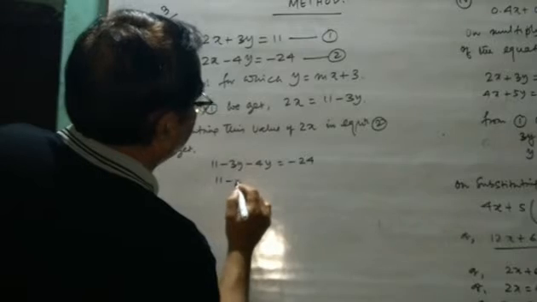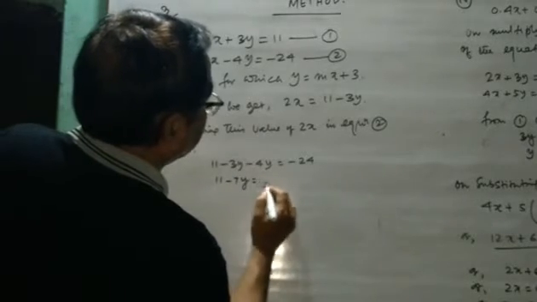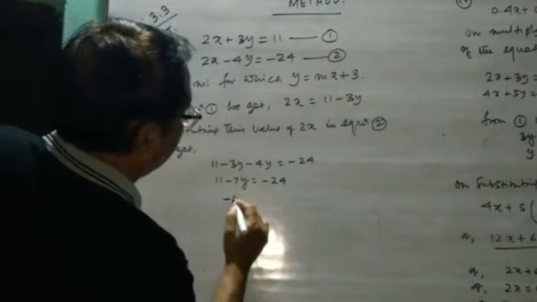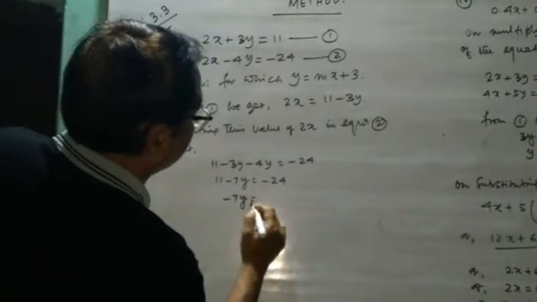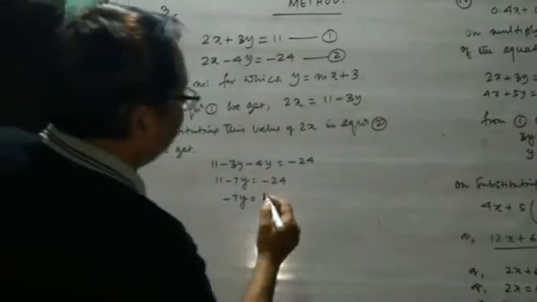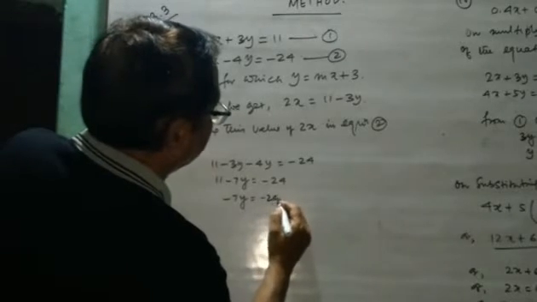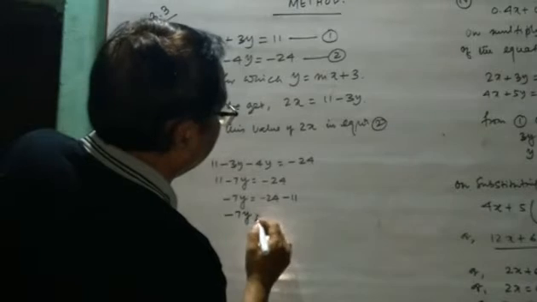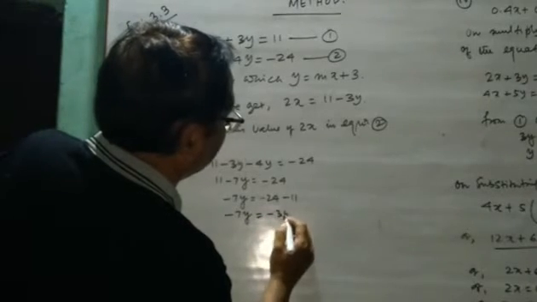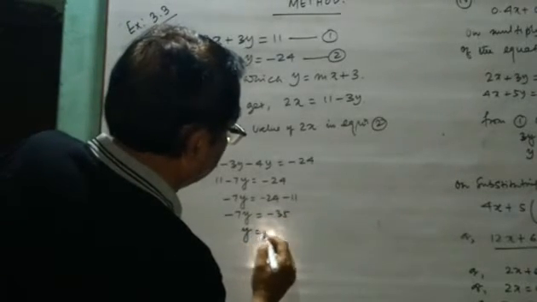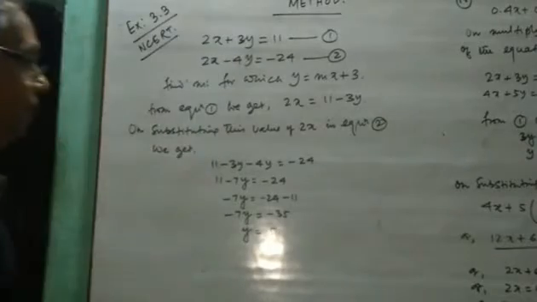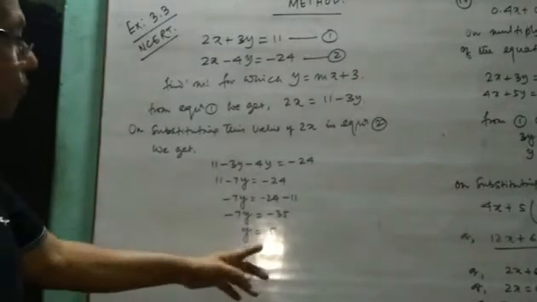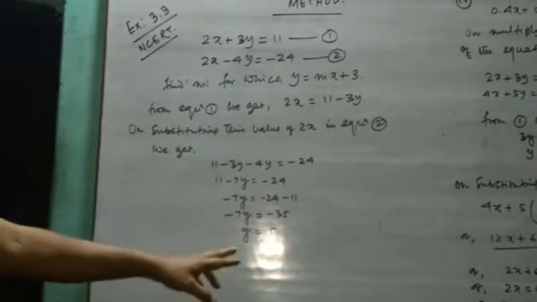Or 11 minus 7y is equal to minus 24. And on transposition, minus 7y is equal to minus 24 minus 11, minus 7y is equal to minus 35, and because minus minus cancels out, y is equal to 5. We got the value of y equals to 5.